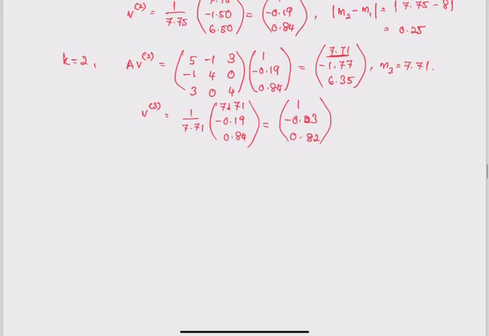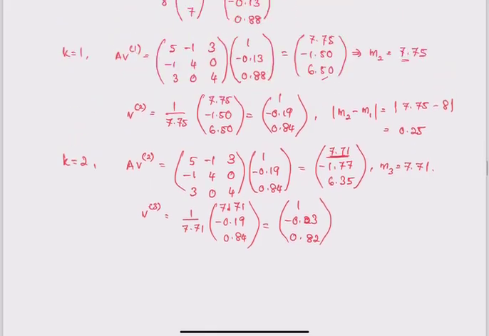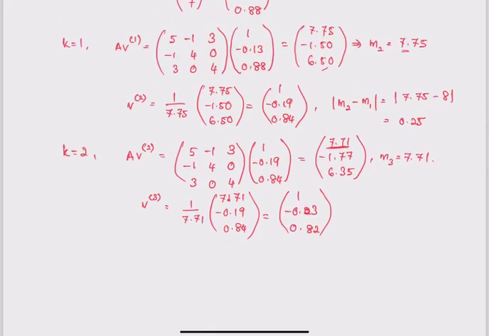Then we can calculate our M3 minus M2, which is 7.71 minus 7.75.